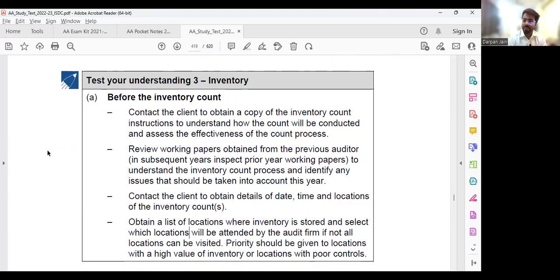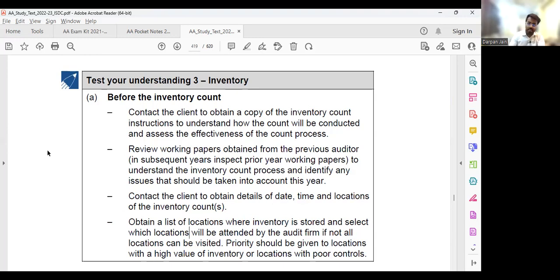See, for inventory, the procedures are divided between 3 things. Some procedures you do before the inventory count. Let's say the company is performing an inventory count and you are going to the company and attending that inventory count.